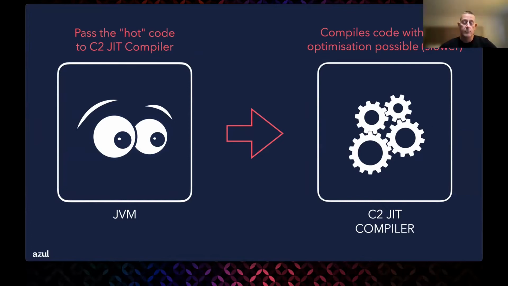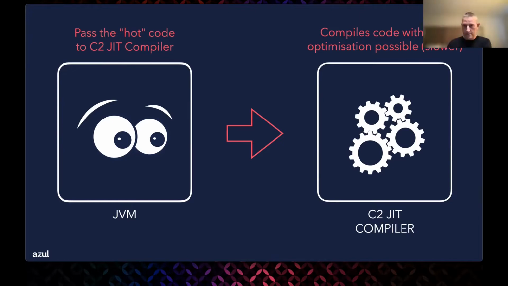In the former times, when it was the server compiler and we had monoliths, it was not really that big of a problem if the JVM took some time to start up and do all the optimizations before the application on your server was running fully optimized. That's the reason we have the C2 JIT compiler.